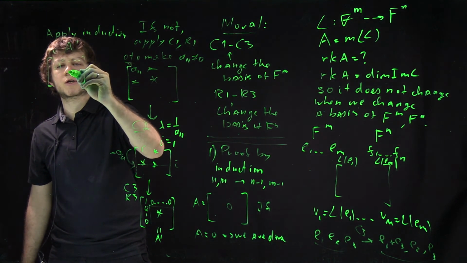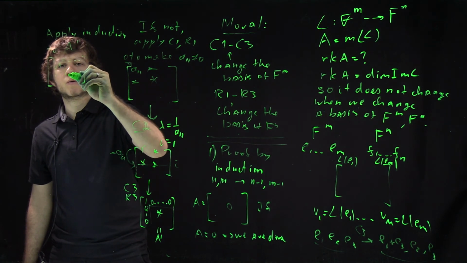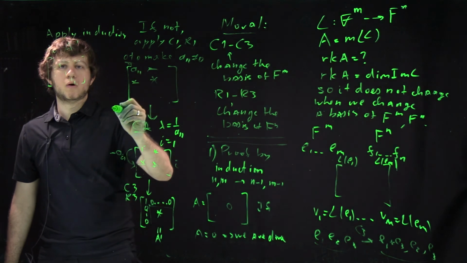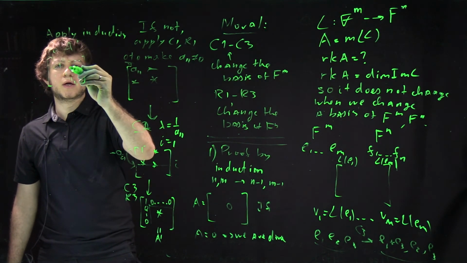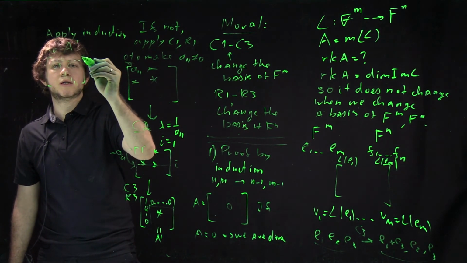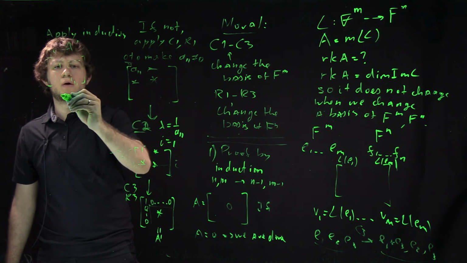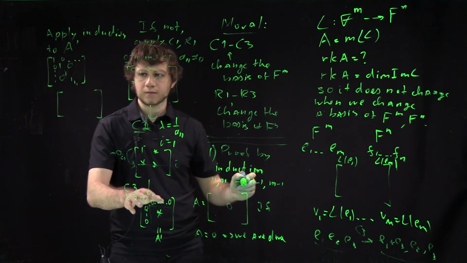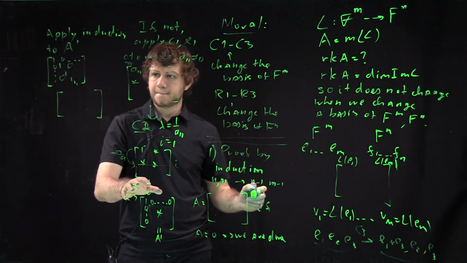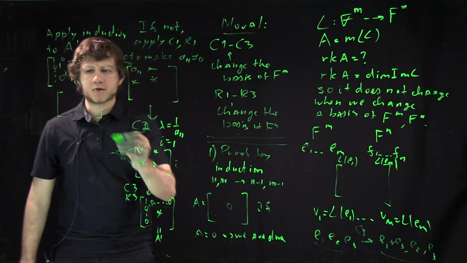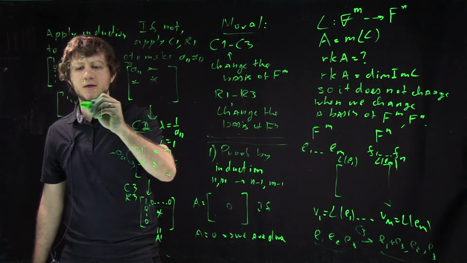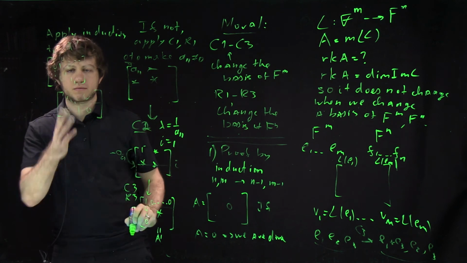And this will continue until either you get to 1, 1, 1, 1 with zeros beneath and above, or you might do it until some time, but then you get zeros everywhere here, and there is nothing you can do.